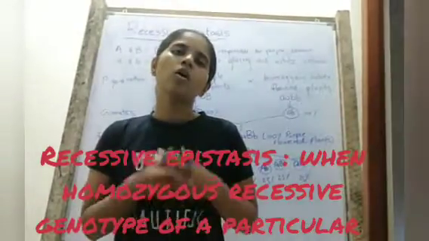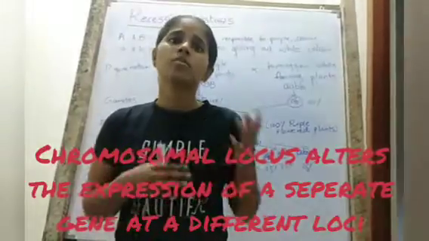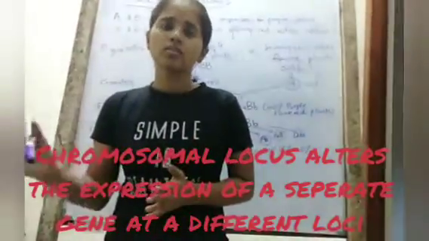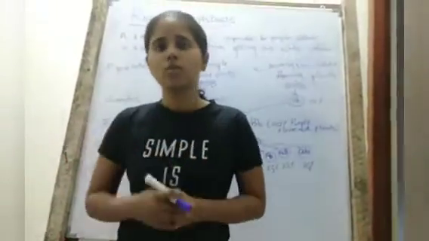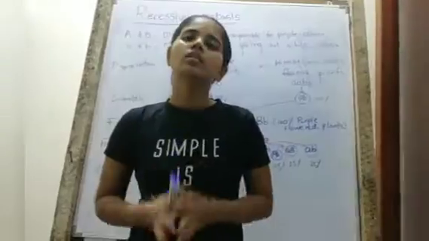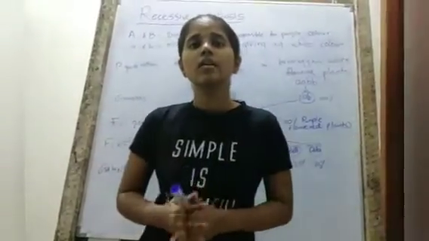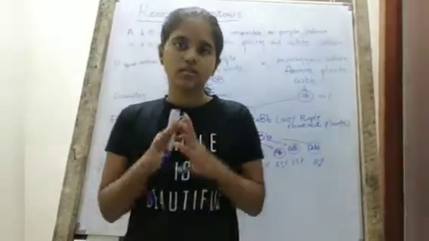So when a homozygous recessive genotype of a particular chromosomal locus alters the expression of a gene at a different locus, it is known as recessive epistasis. Here the term homozygous recessive genotype should be considered. So why is it homozygous recessive genotype?